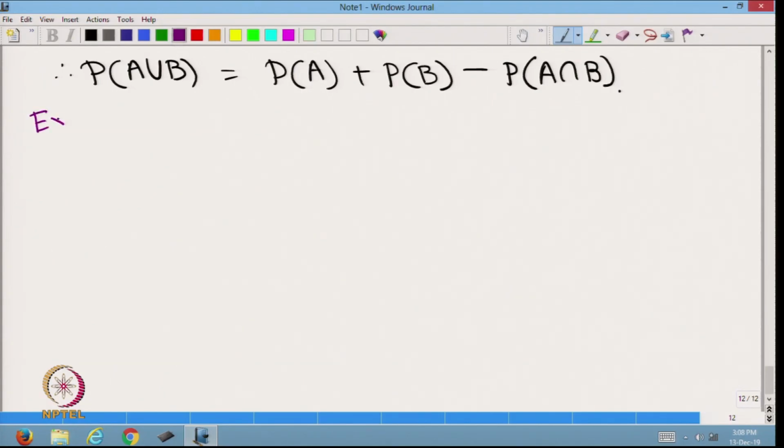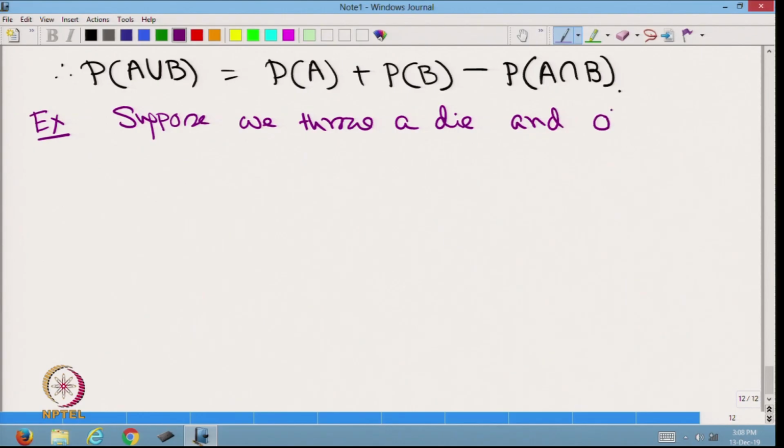Example: suppose we throw a die and observe the outcome.